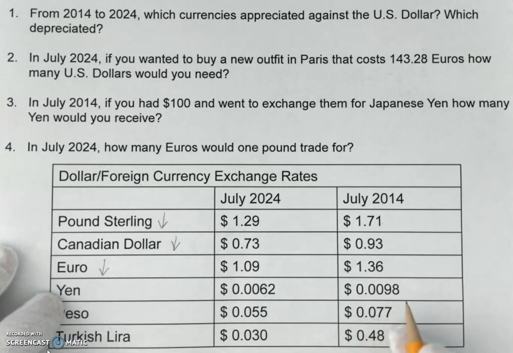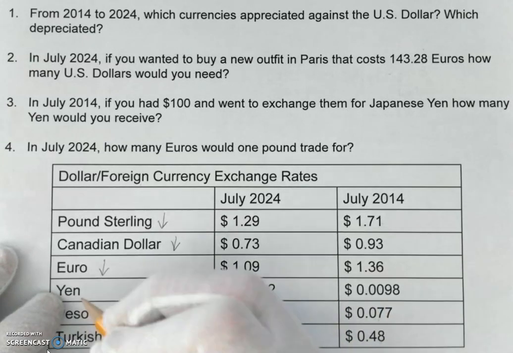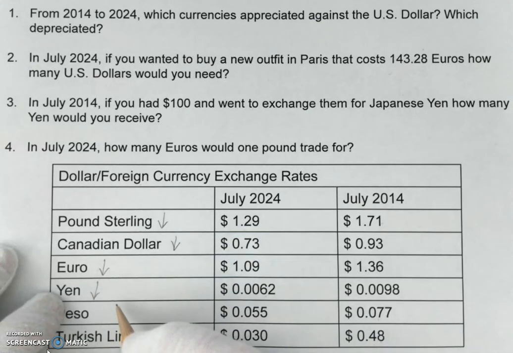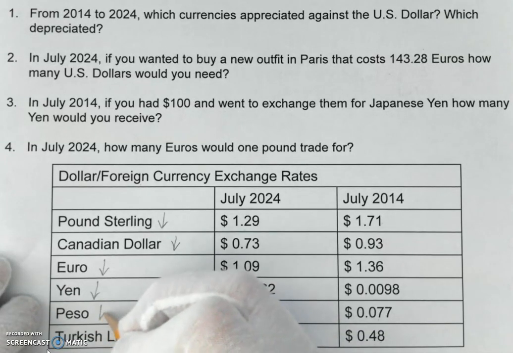The yen, same pattern, went from 0.0098, which is just under a penny, to 0.0062, which is a little over half a penny. So that's a depreciation of the yen, and therefore an appreciation of the US dollar. The peso went from about 7 cents in July 2014 to about 5 cents in July 2024. The peso is depreciating.